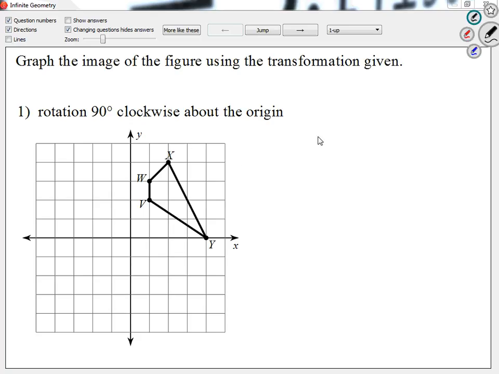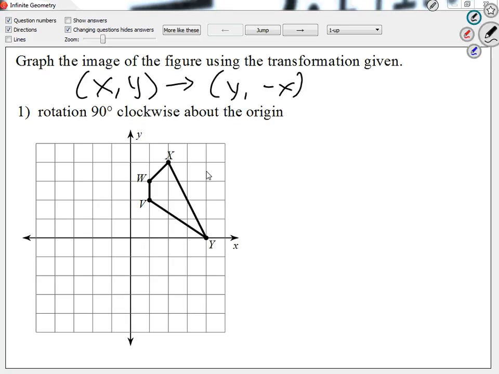So looking at the first 8 questions, graph the image of the figure using the transformation given. For rotation 90 degrees clockwise about the origin, we know the rule that (x, y) becomes (y, negative x) for 90 degrees clockwise. So the way I will start this, I will get the coordinates of each.